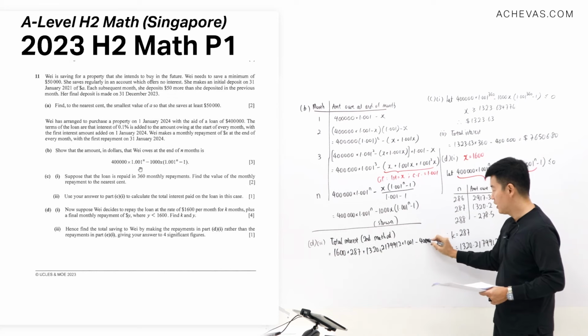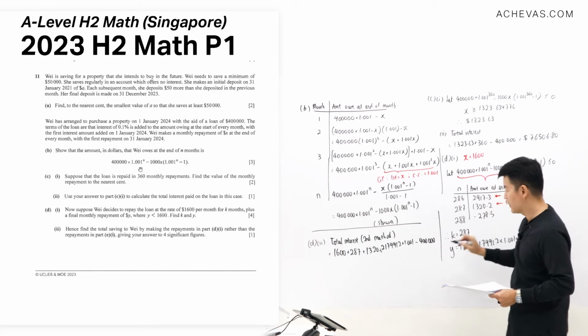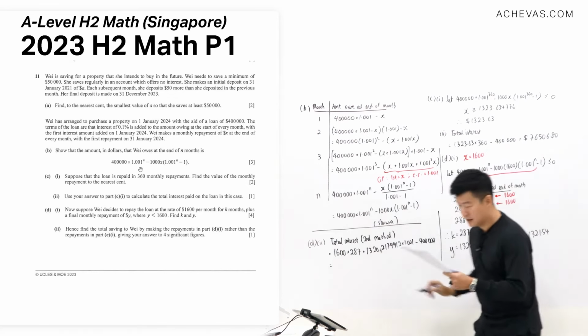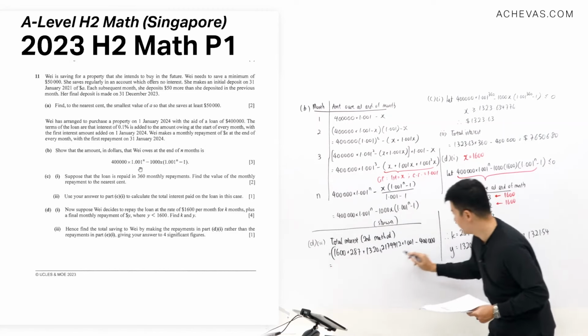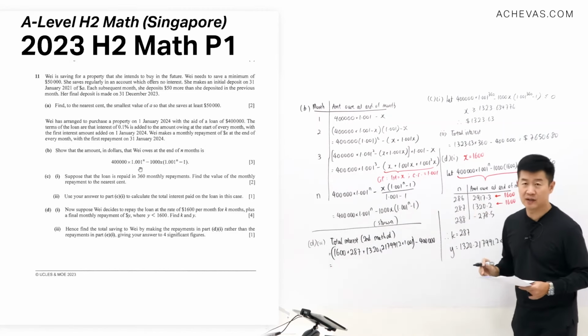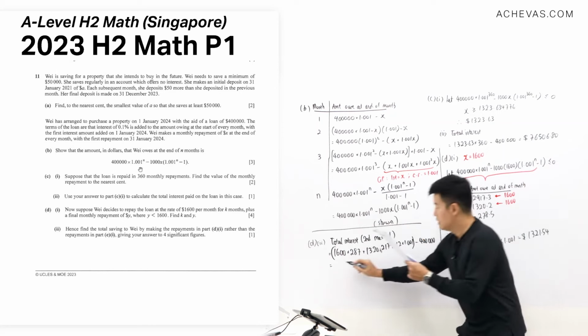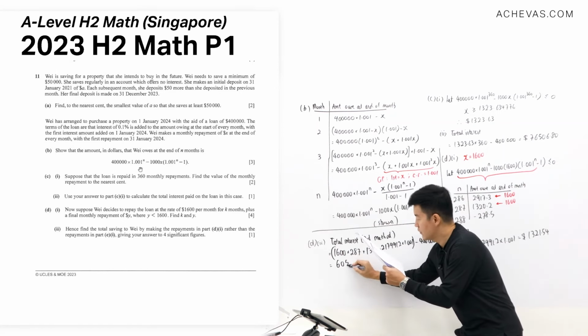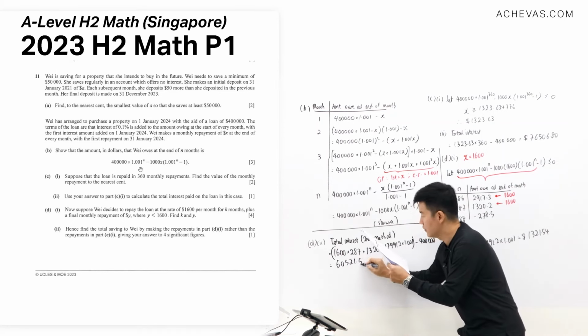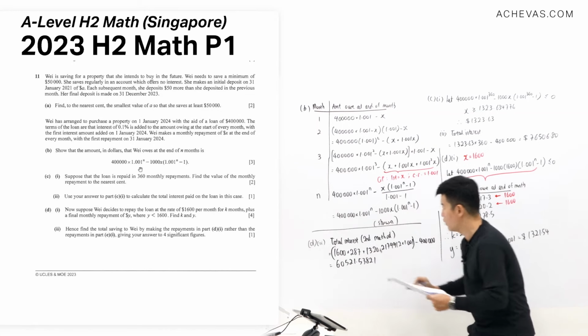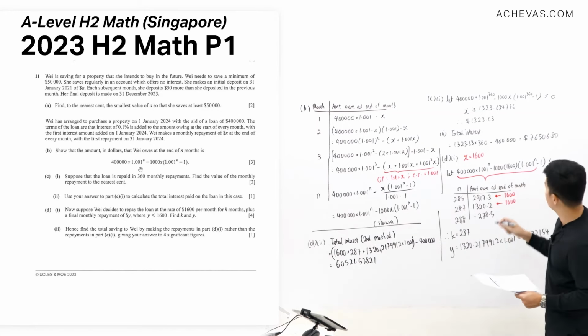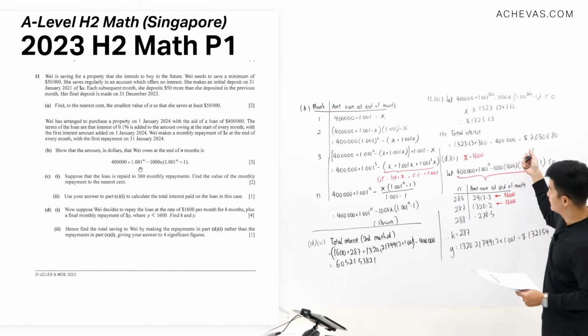So minus 400,000. So this will give us the interest. So this is the amount of money that she pays minus away the amount of money that she borrows. This will give us 60521.53821. So this is the interest. For the second method, it is obviously less interest than this.